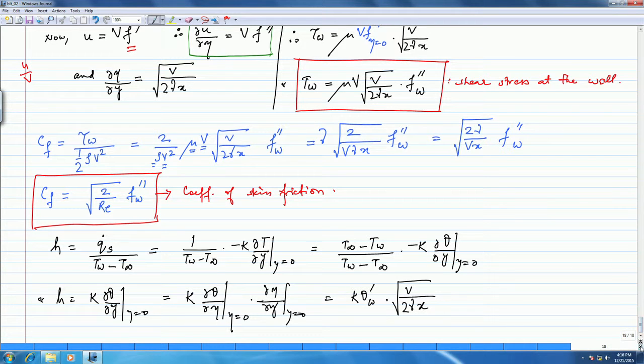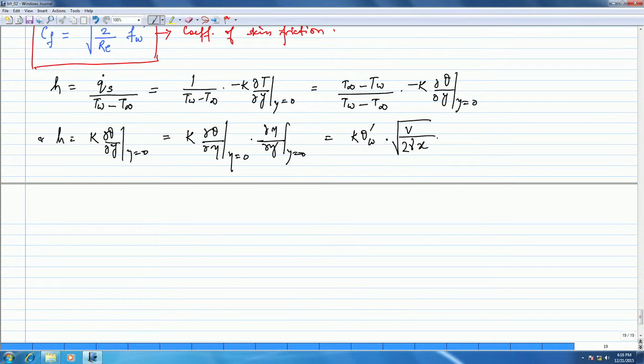Or h is equal to k theta dash this, into root R e by 2, or we can also write h by k root R e is equal to theta dash at the wall by 2.